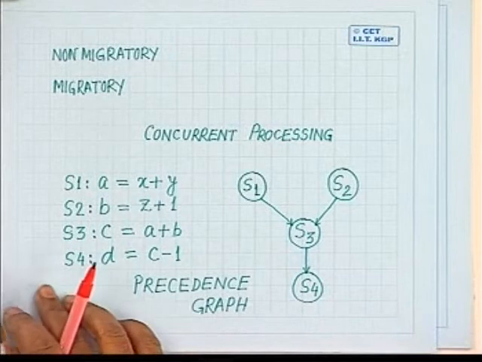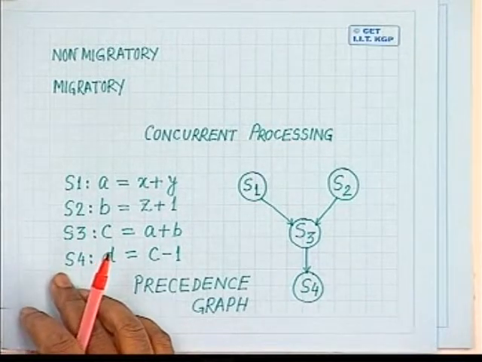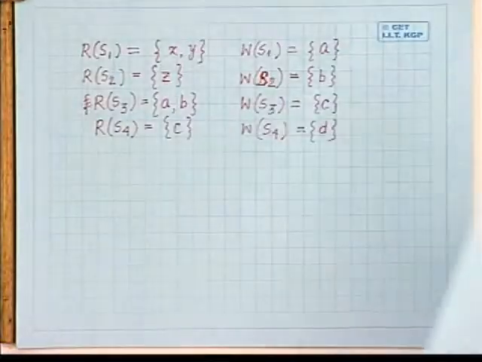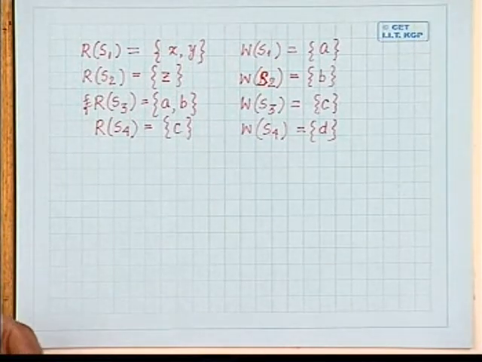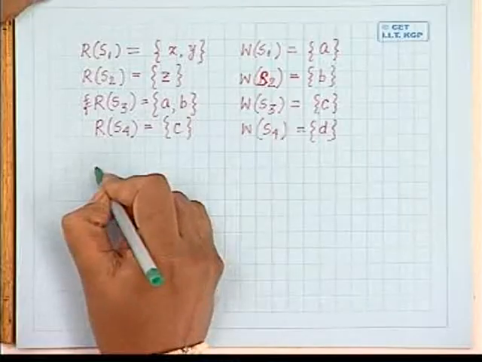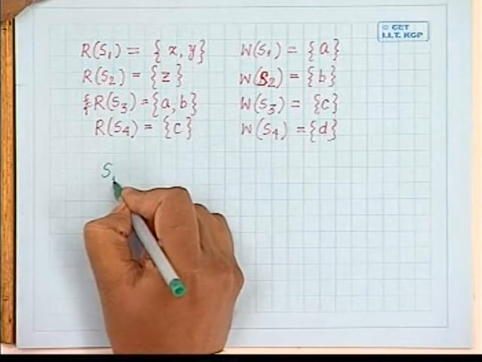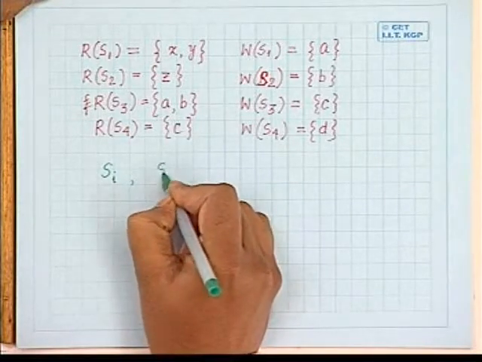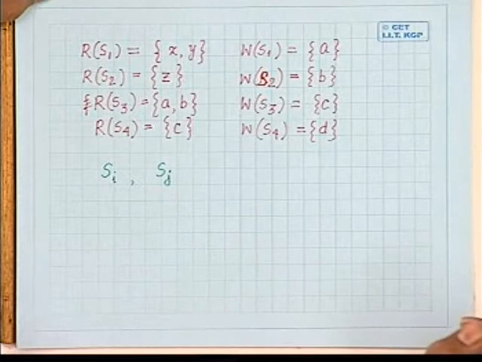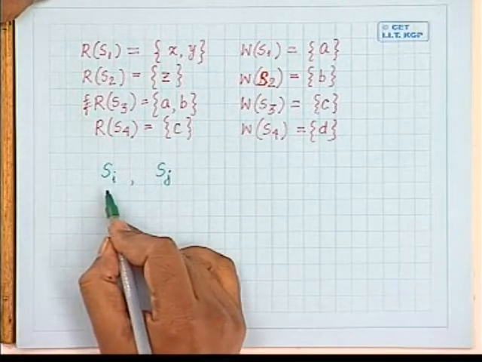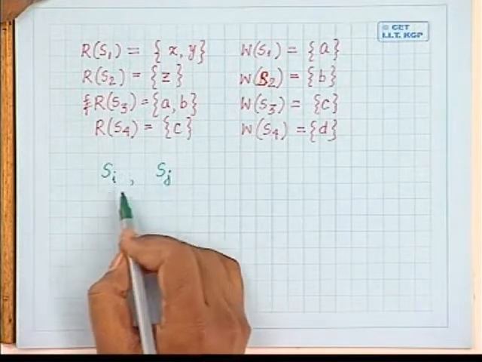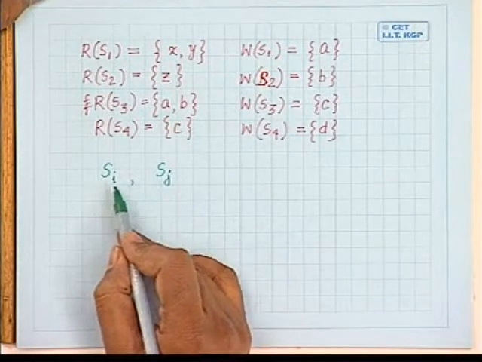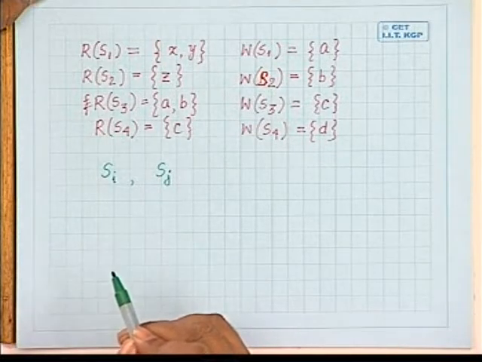Okay. So, if you study the read set and write set, you will find out that if I take any two statements, one is statement Si and another is statement Sj, I can find out the read set of Si, the read set of Sj, the write set of Si, and the write set of Sj.